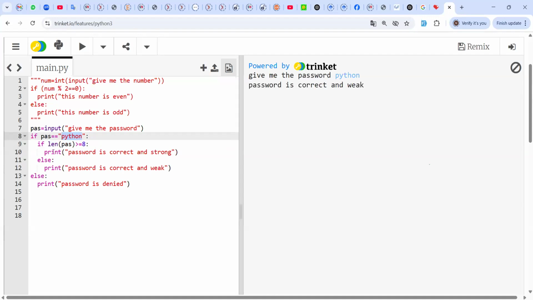In the actual application, in the real-world application, we don't work like this. We use other fancy functions that will hide our password from the programmer or from the database and all of that fancy stuff.